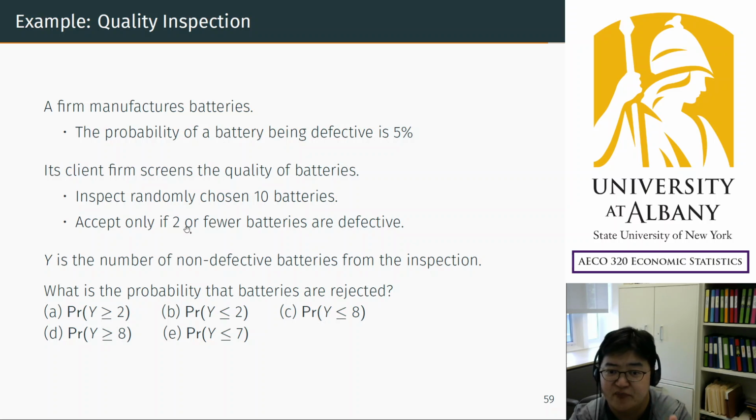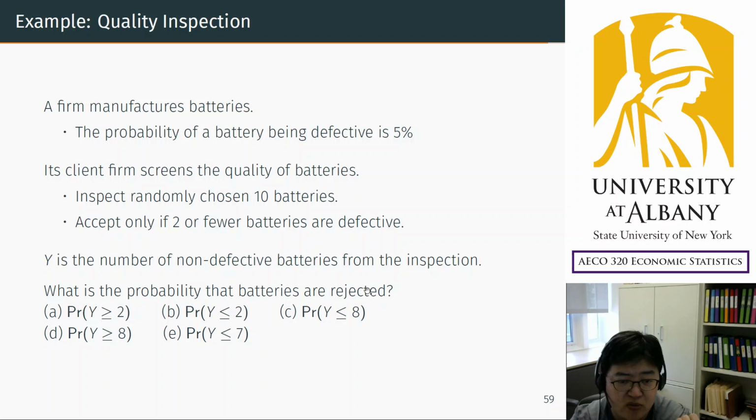They are equivalent. In this sentence we are counting defective batteries, 2 or fewer, but in our statistical formulation we are counting non-defective batteries, so it has to be 8 or more.